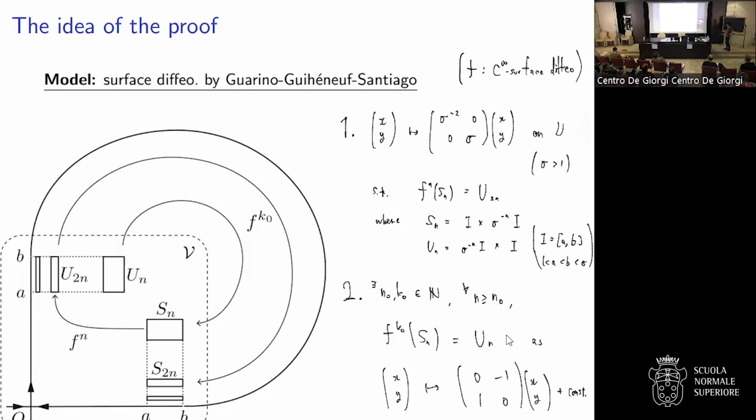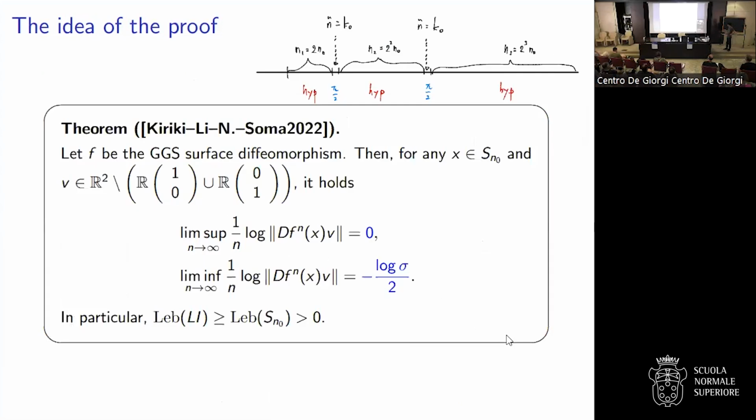This is a good point of this model. So you can directly check the oscillation of the Lyapunov exponent. This was our first step. And we realized that the mechanism is a hyperbolic region, 90 rotation, hyperbolic region, 90 rotation, and so on.